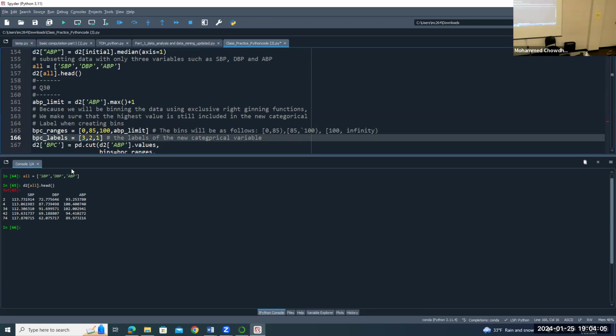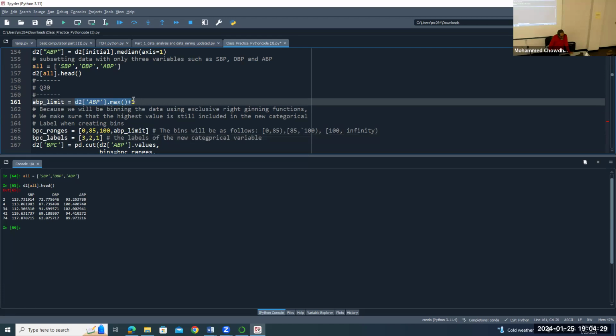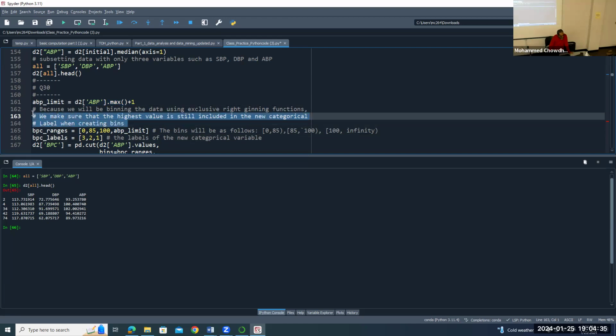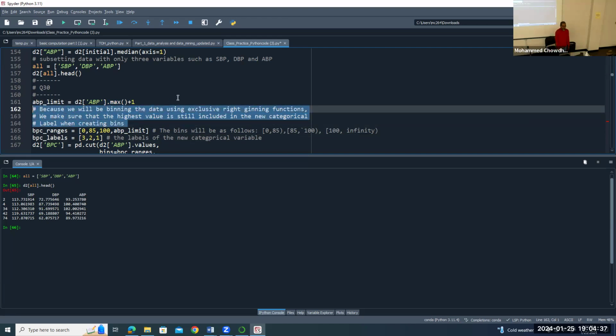These will take ABP value 0 to 85, then blood pressure category equals 3. If 85 to 100, then blood pressure category equals 2. At 100 and above the limit, it equals 1. The above limit is the highest value of ABP plus 1. I included 1 to make sure the highest value of the ABP is not cut off. That is why I added it. If you do not add it, that is still fine.